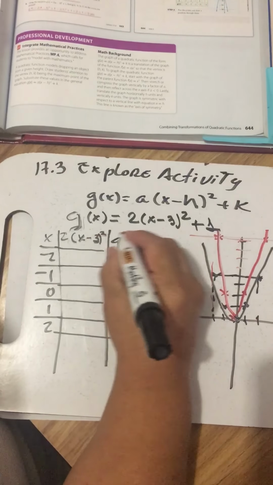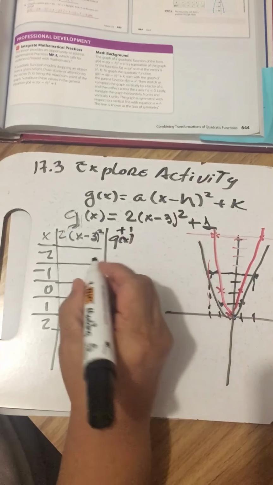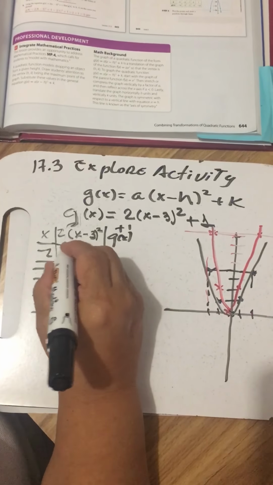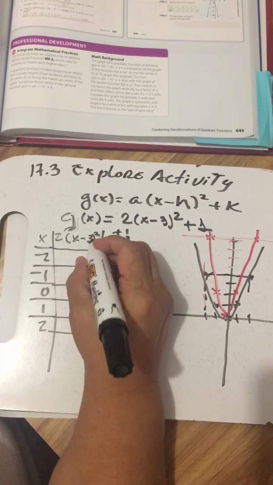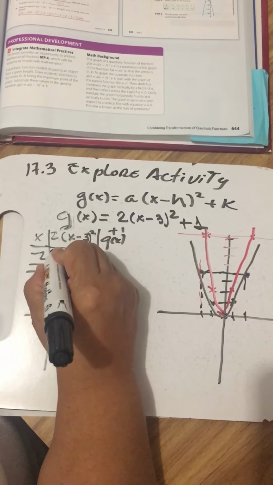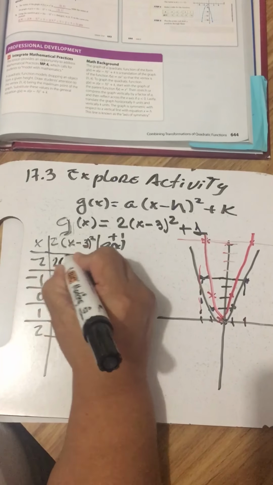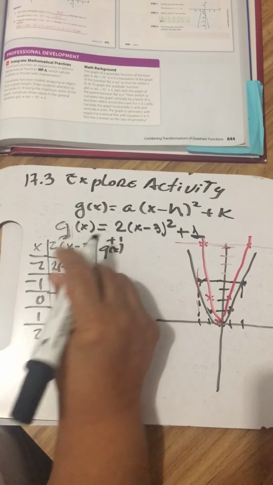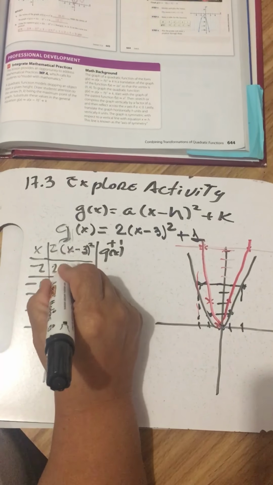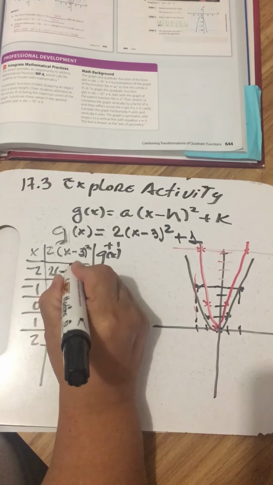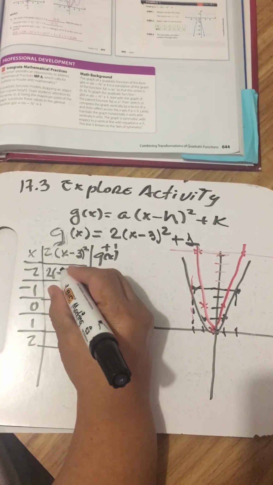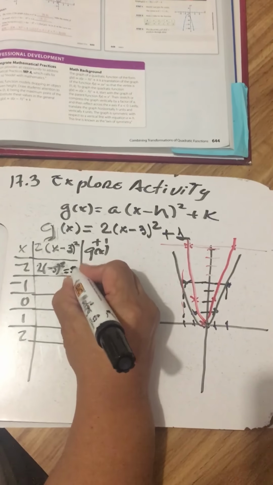Okay, it's this plus 1. Now we're going to substitute the values. For x equals 1, we have minus 2 minus 3, which is minus 5, squared is 25, times 2 is 50.